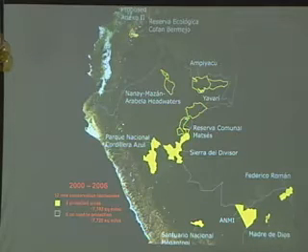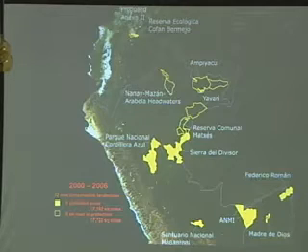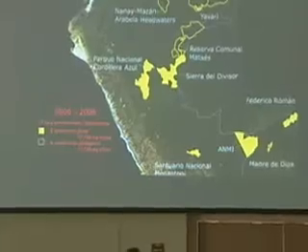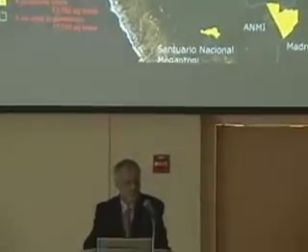Most of that effort has been focused in South America, and I can't really claim any credit for it because much of this work has been done after I left, but they now have something on the order of 35,000 square miles of new protected areas scattered through Ecuador, Peru, and adjacent areas.